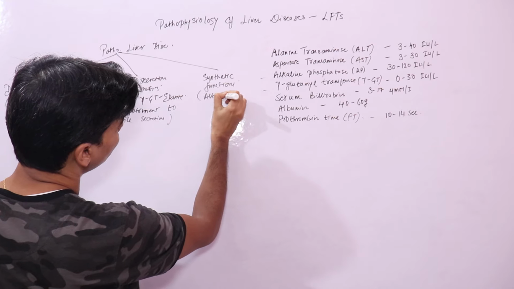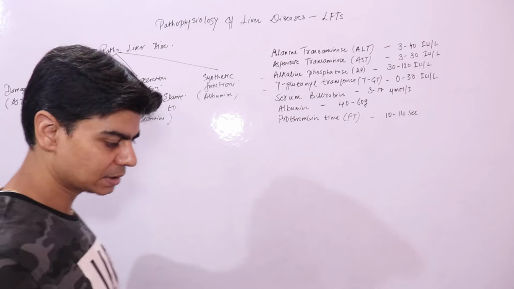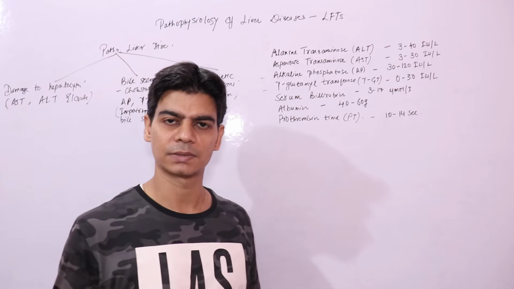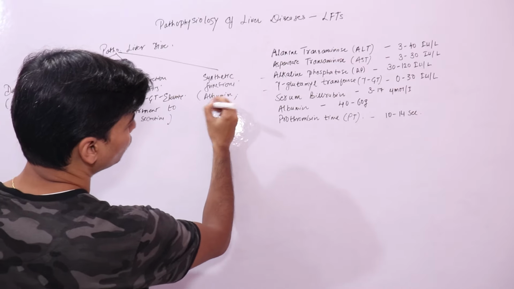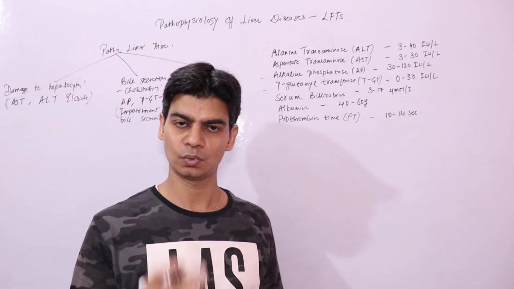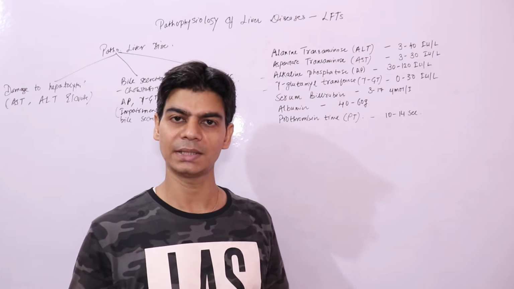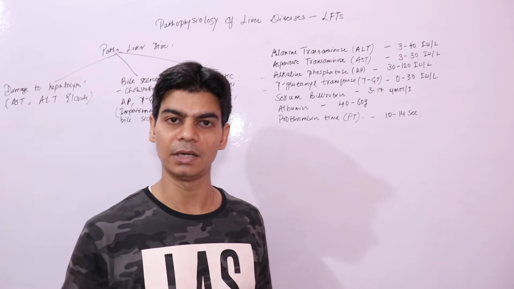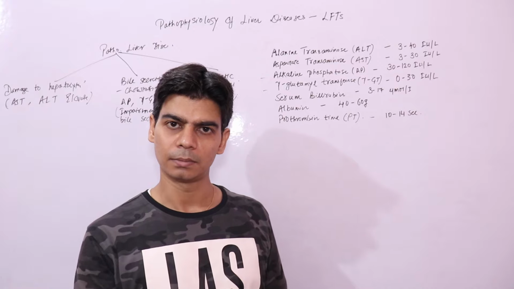Then it synthesizes coagulation factors, which are responsible for blood clotting. In case there are fewer coagulation factors, or there are issues with synthesizing coagulation factors by the liver, then there would be issues with blood clotting.